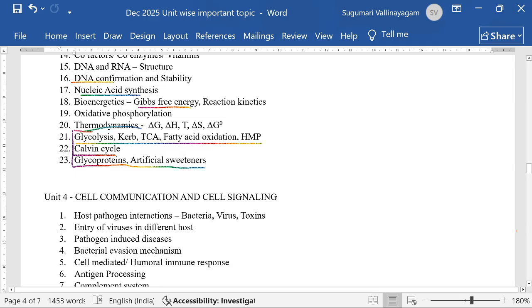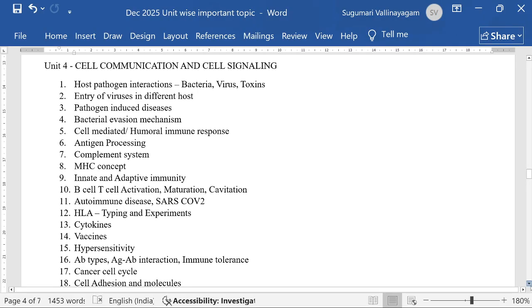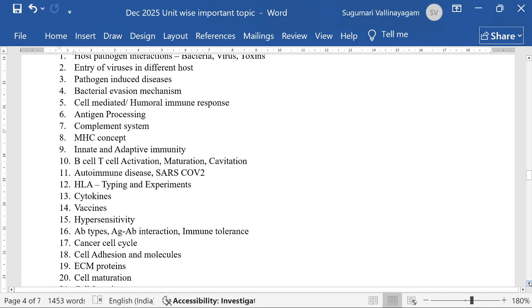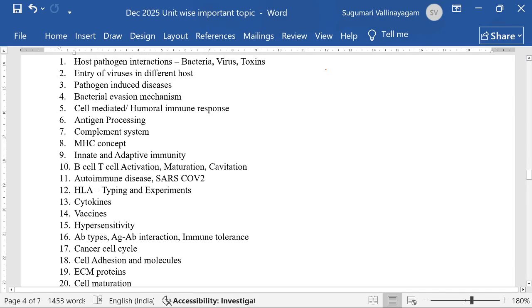Next, Unit 4, cell communication and cell signaling. Here I am listing out a few topics only, as it is a big topic. In cell communication: host-pathogen interaction, how it interacts, entry of viruses, and pathogen-induced diseases. For the last 3 years they have been asking continuously from this.